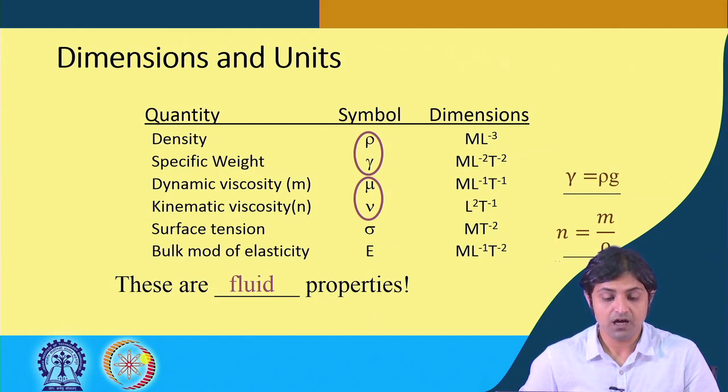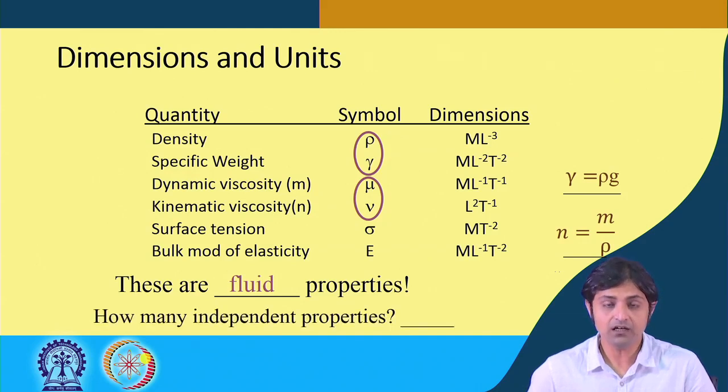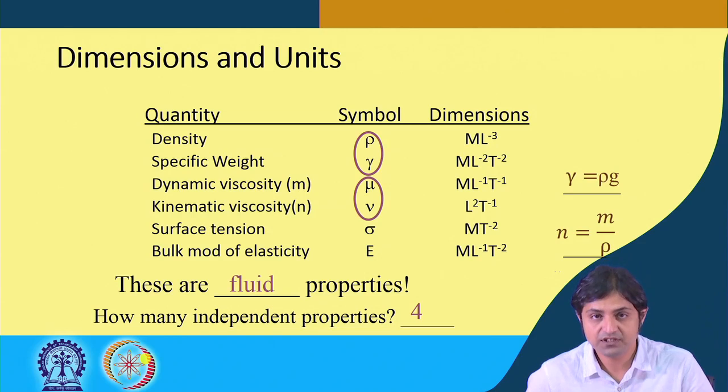And now as you can see, since we can relate density and specific weight through rho, and we can also relate dynamic viscosity and kinematic viscosity through rho, there are how many independent properties? One, surface tension, second is bulk modulus of elasticity, one of the viscosities, and you can either choose density or specific weight. That means there are only 4 independent properties presented in this slide.